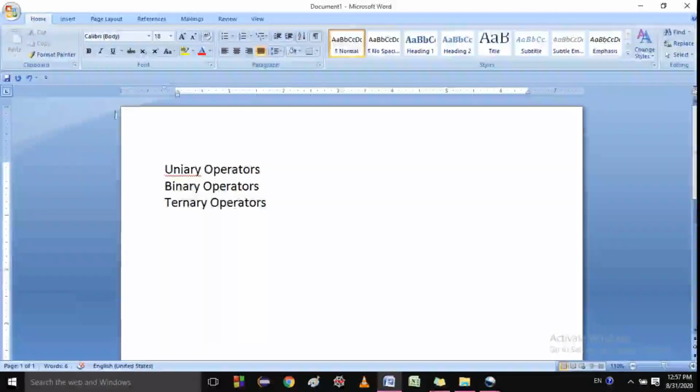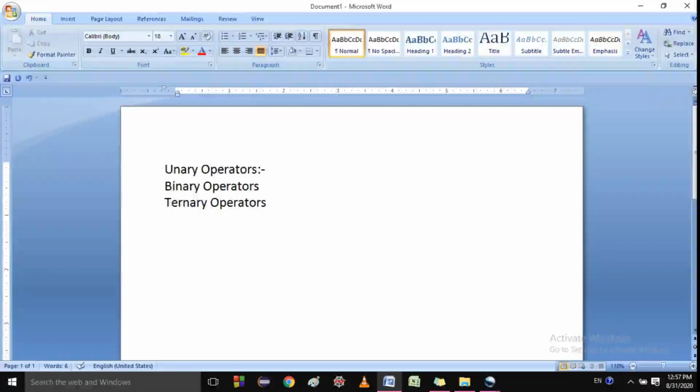Unary, spelling is wrong, U-N-A-R-Y. So: unary operator, binary operator, and ternary operator. The arithmetic operator I was discussing comes under the binary operator. These are further categorized into many parts. We will discuss them one by one, and let me first differentiate between unary, binary, and ternary.